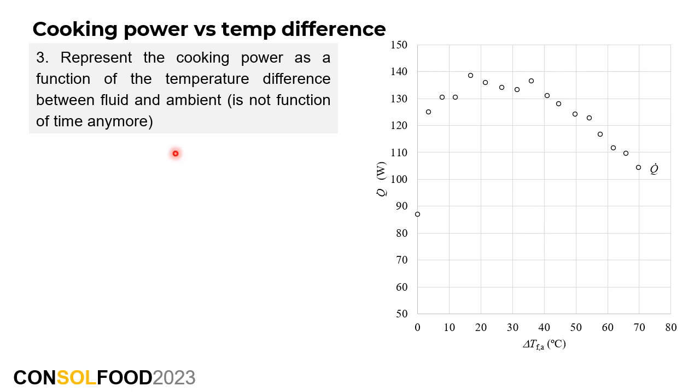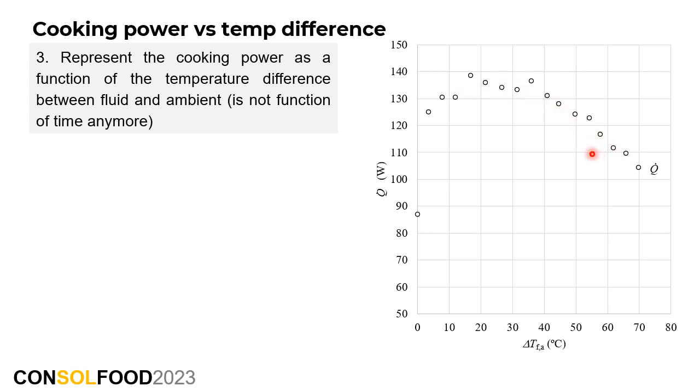The third step is to represent the cooking power as a function of the temperature difference between fluid and ambient. So the cooking power is not a function of time anymore. On the right of the slide, there is a plot of cooking power for intervals of 5 minutes.